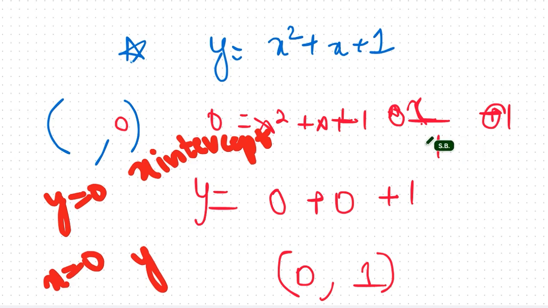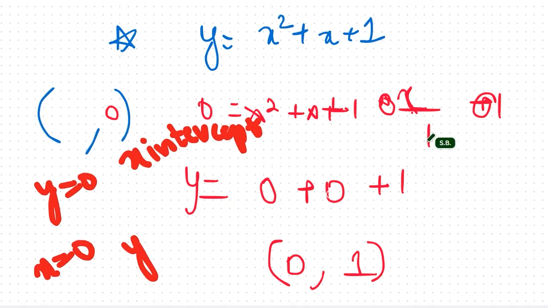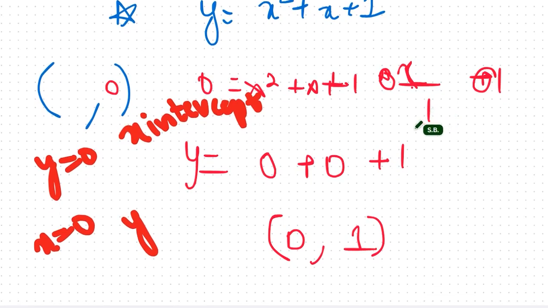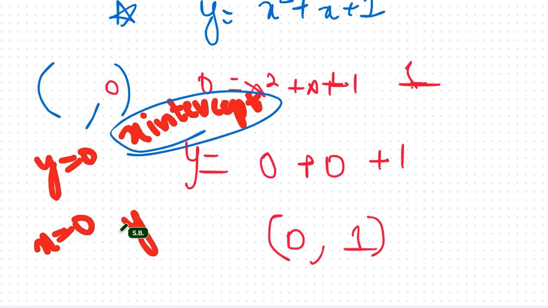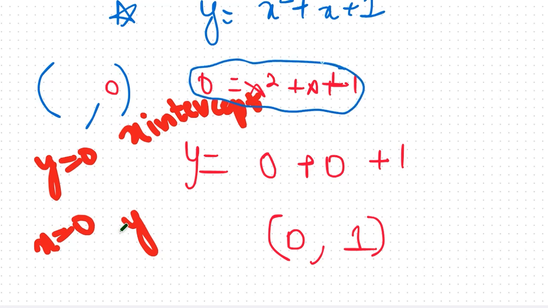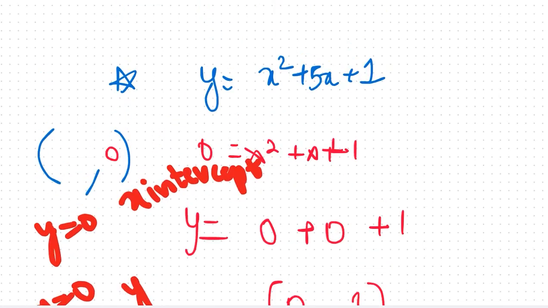So let us understand what is meant by x-intercept. Let's say we are solving for x-intercept for this graph. Let's say there was 5x plus, let's say 6.